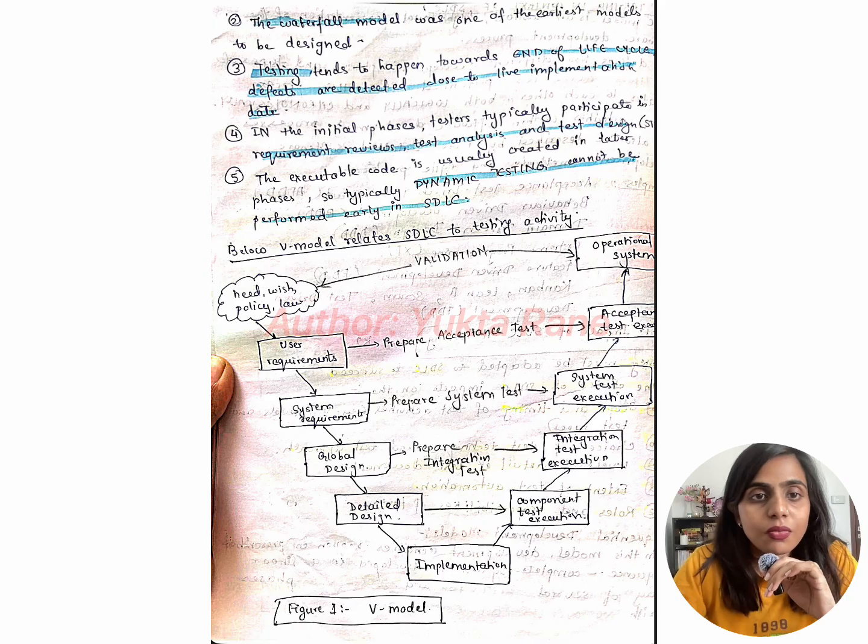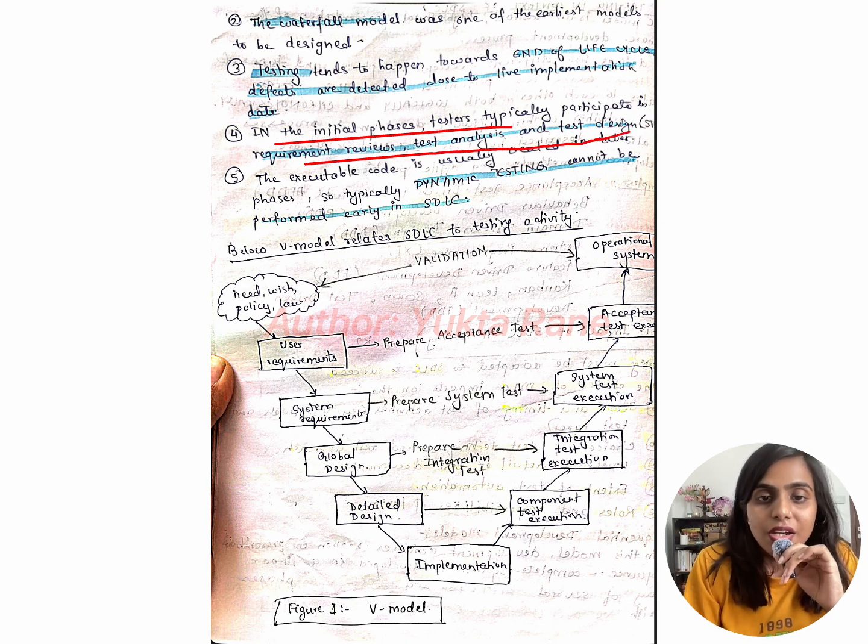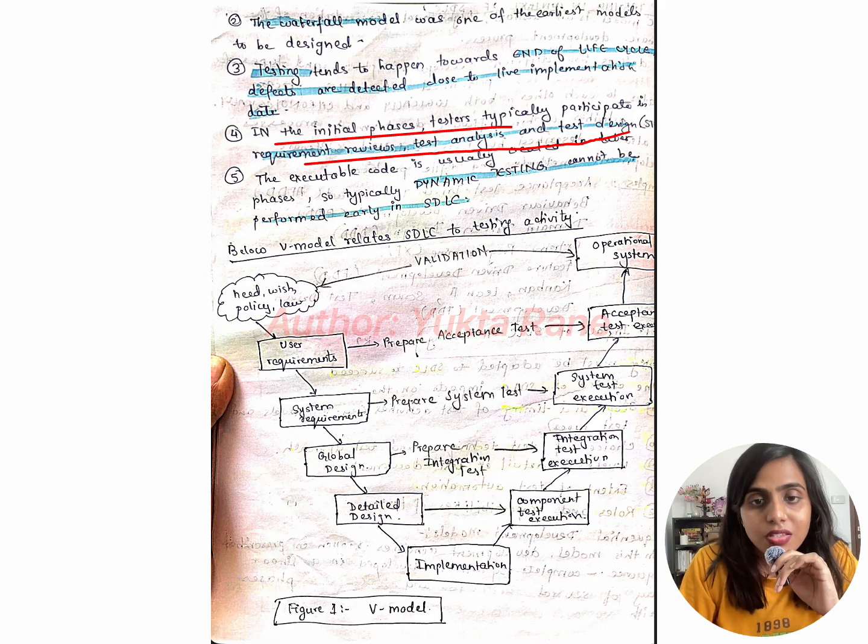However, testers are involved in static analysis in the initial phases, okay, for test review, test analysis, test design. But the executable code is ready only at the end of the cycle, since it is linear in nature. So dynamic testing happens at the extreme end of the development. That is the disadvantage of this model.